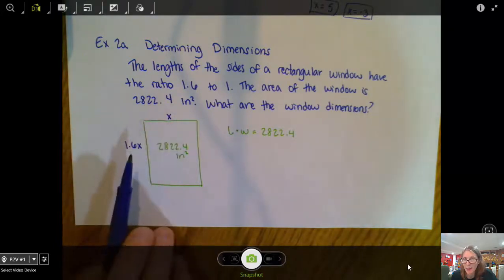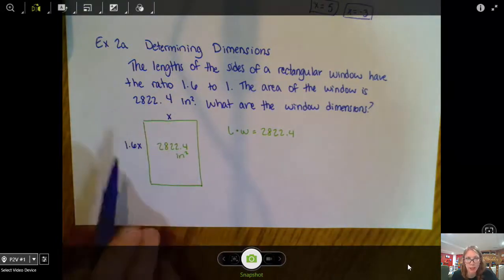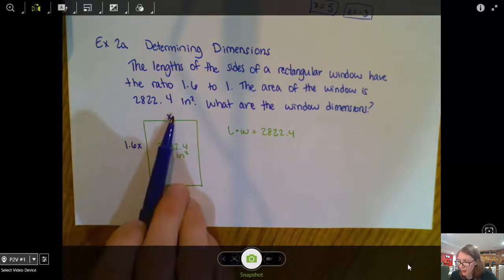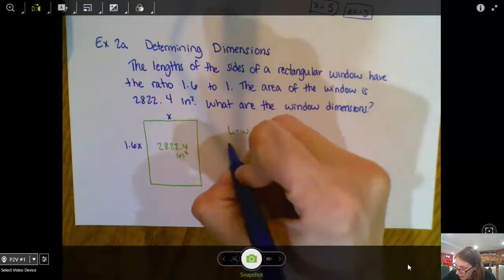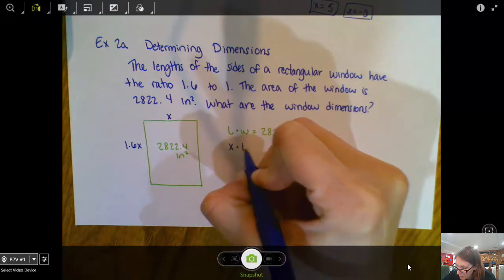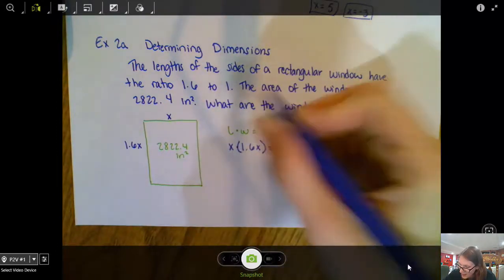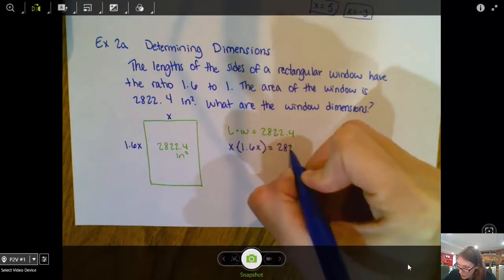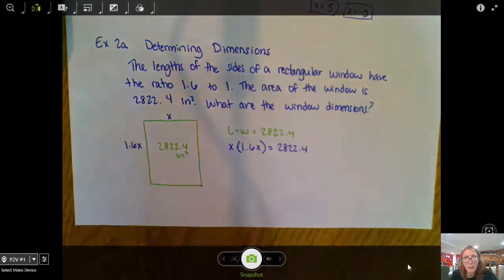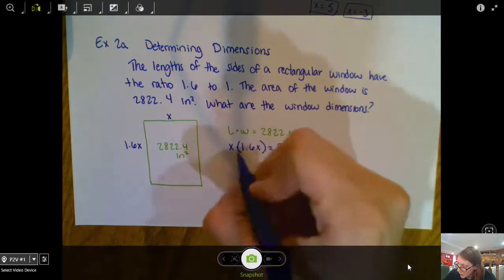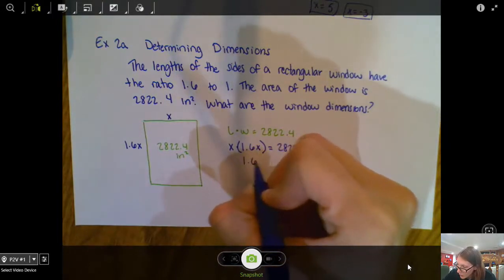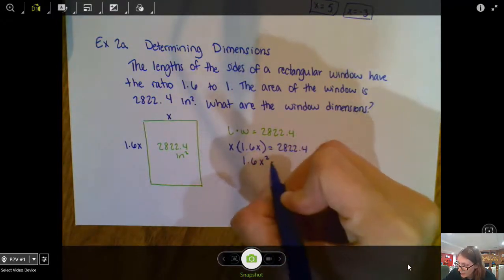Put that together, this is going to give me my equation that I'm working with here. So my length times my width, x times 1.6x has to equal 2,822.4. And now we can solve this. So x times 1.6x is 1.6x squared.